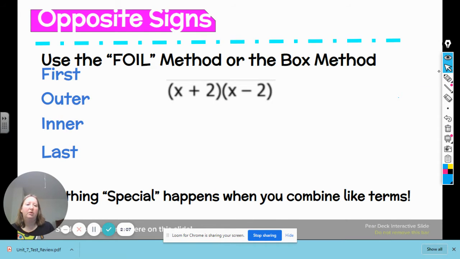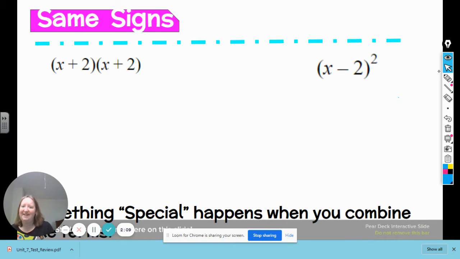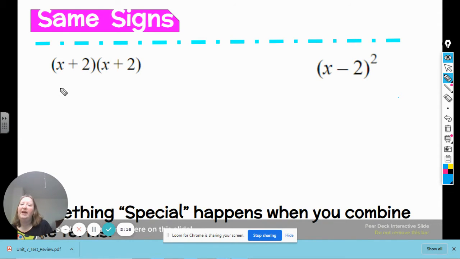So let's look at what happens if they were both the exact same. What if it was x plus 2 and x plus 2? Is there something special? So x times x is x squared, and then x times a positive 2 is 2x. And then this x times positive 2 is another positive 2x. And then we've got a positive 4.